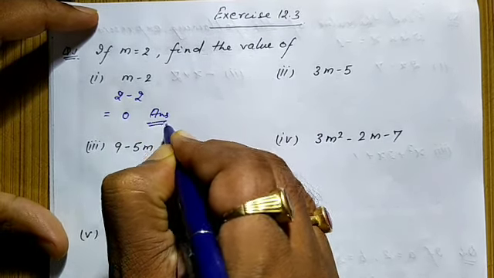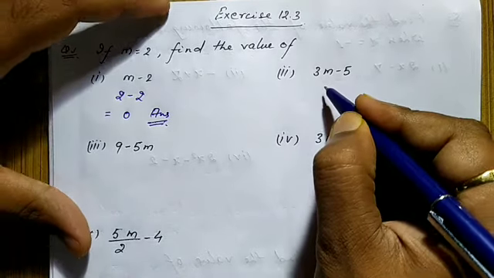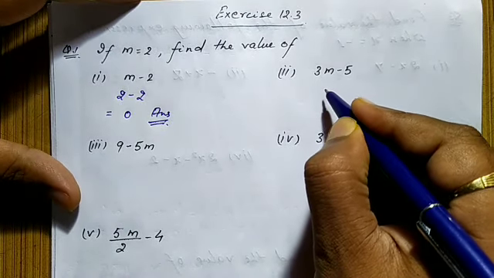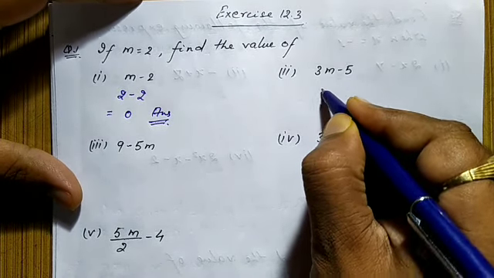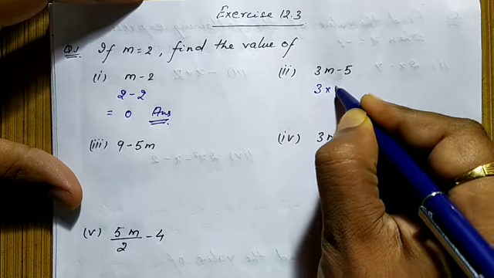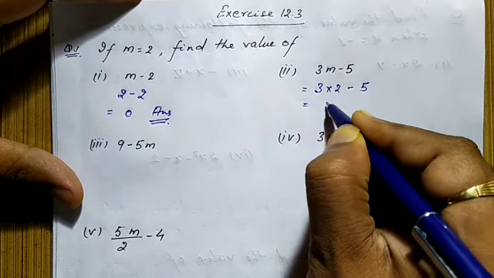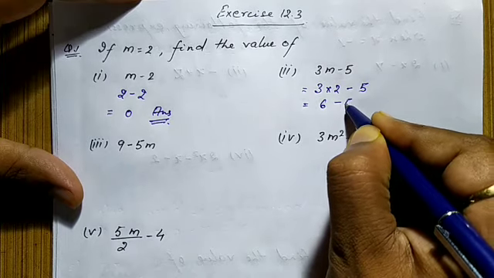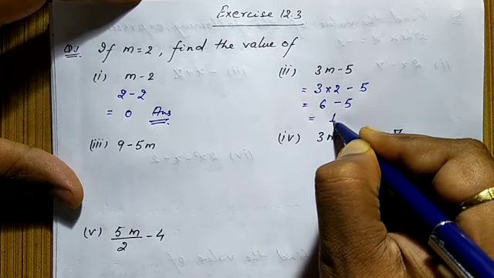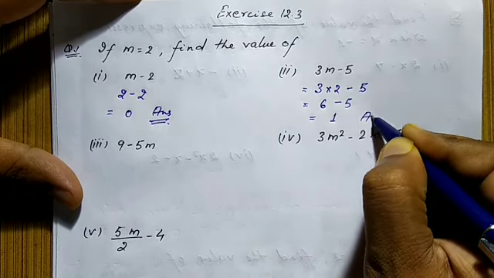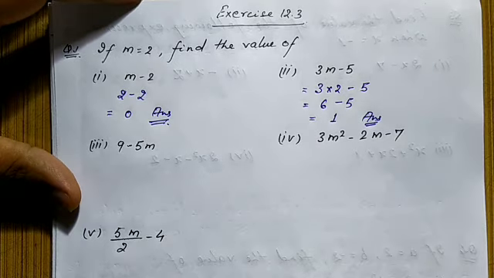Okay, so this is the first answer. Here put the value of m is equal to 2 in this expression: 3 into 2 minus 5. Okay, so this is equal to 6 minus 5 and that is 1. Okay, so this is the answer.